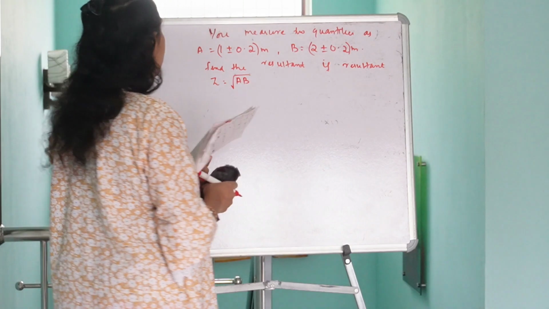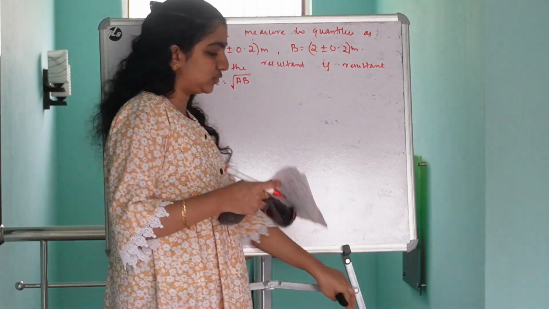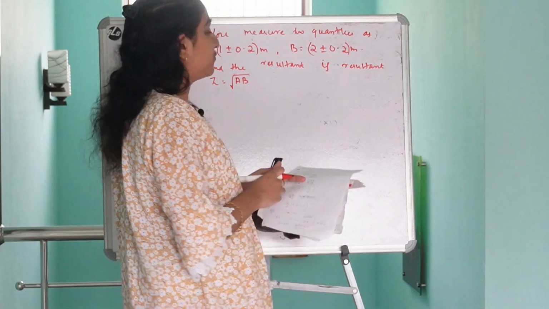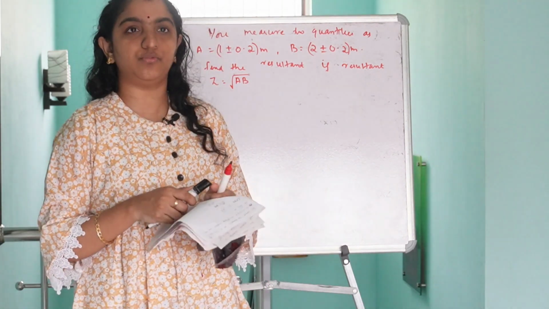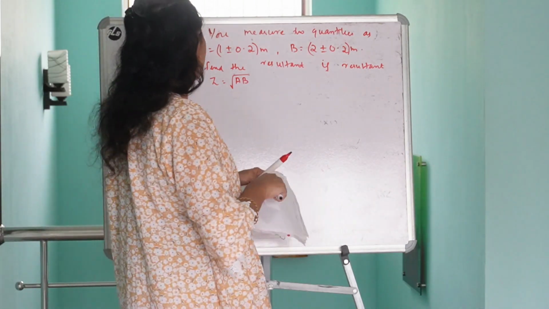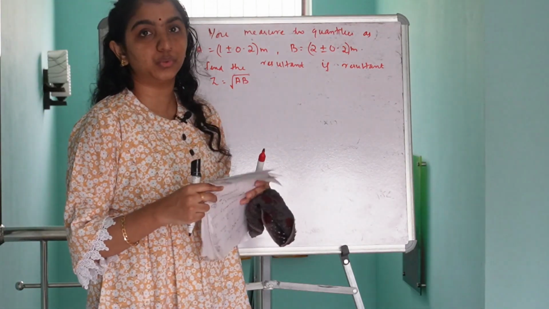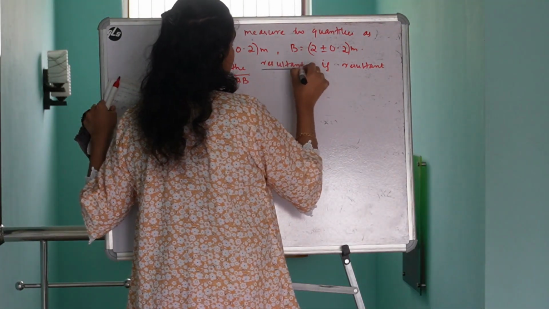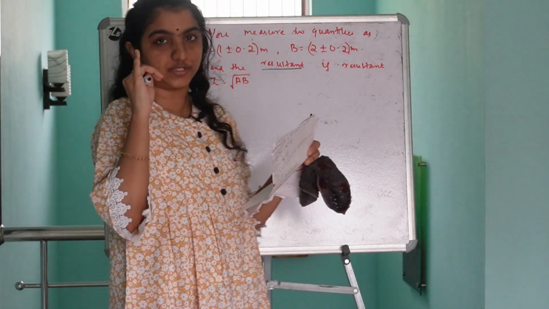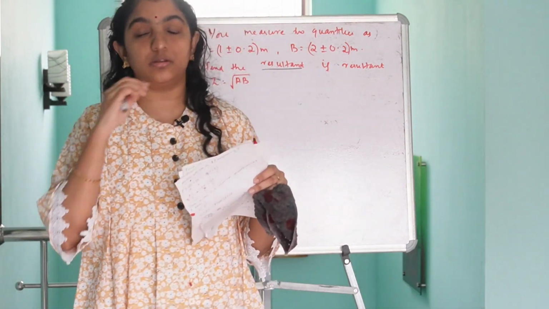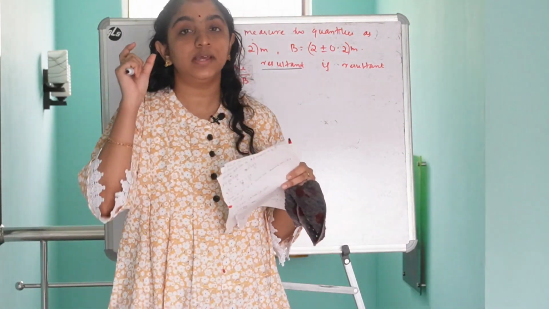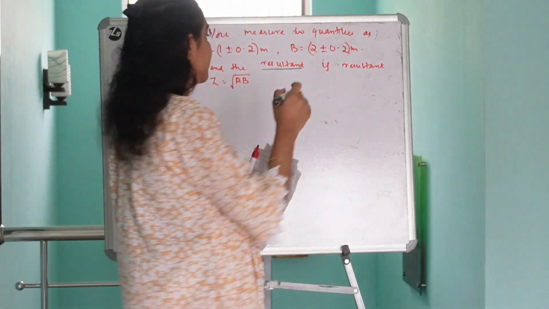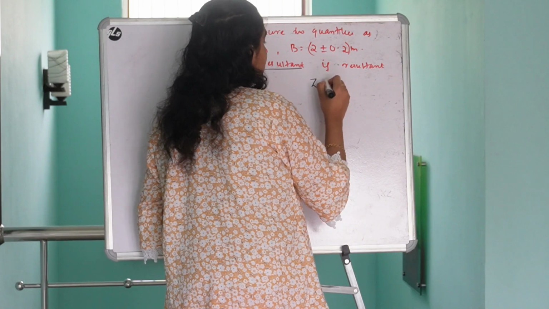So here in this question you are provided with two values, and you are asked to find the resultant, if resultant Z is equal to root A into B. Since you are asked to find the resultant, not just the absolute error or the actual value alone, the resultant consists of two components, as I told earlier.